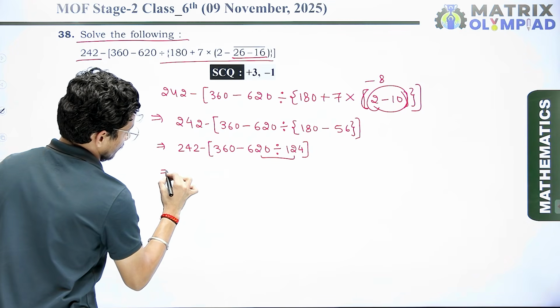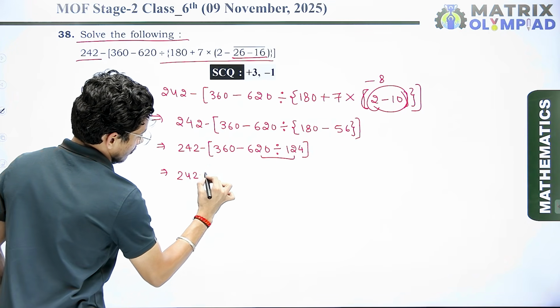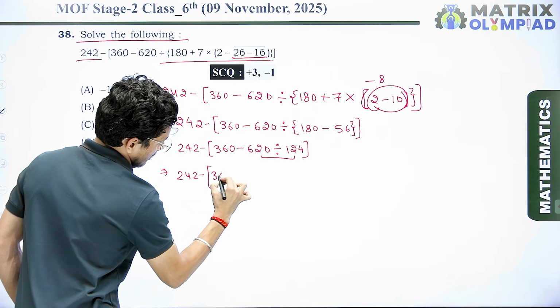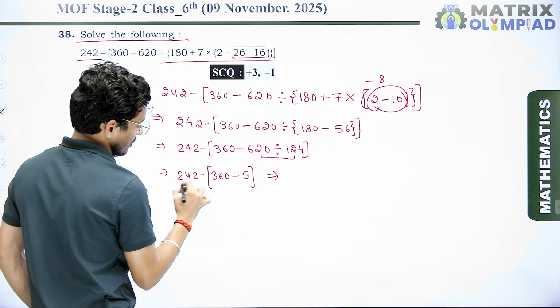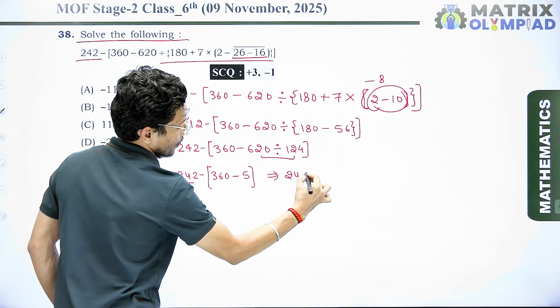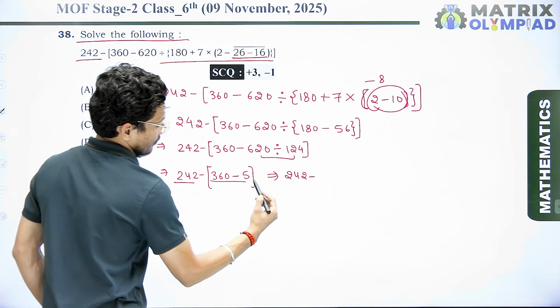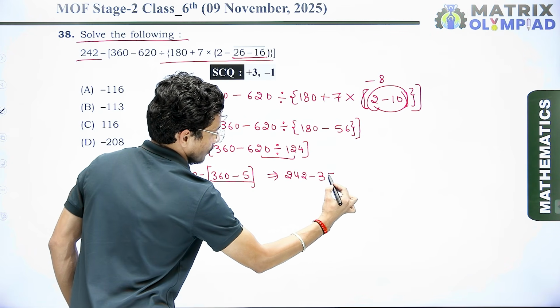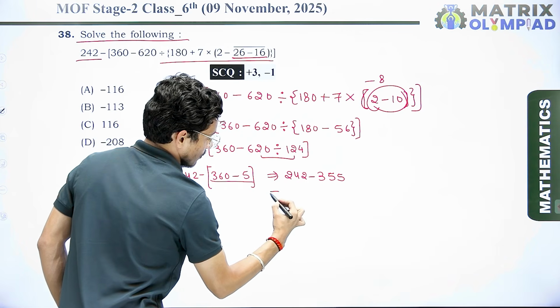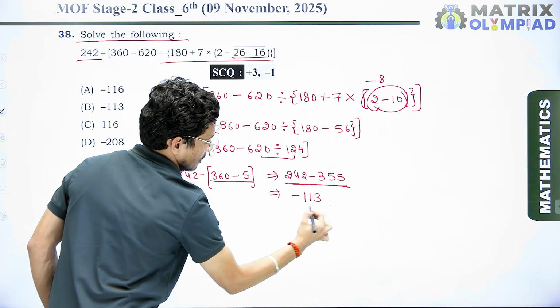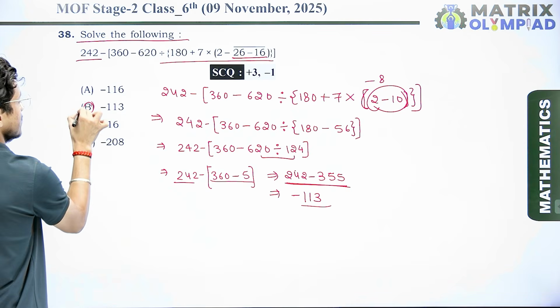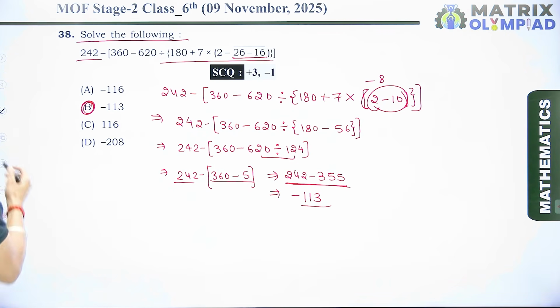So I can write 242 minus 360 minus 5. The next step is 242 minus, here we get 355. When we simplify it, we get minus 113. So it means option number B is the correct answer over here.